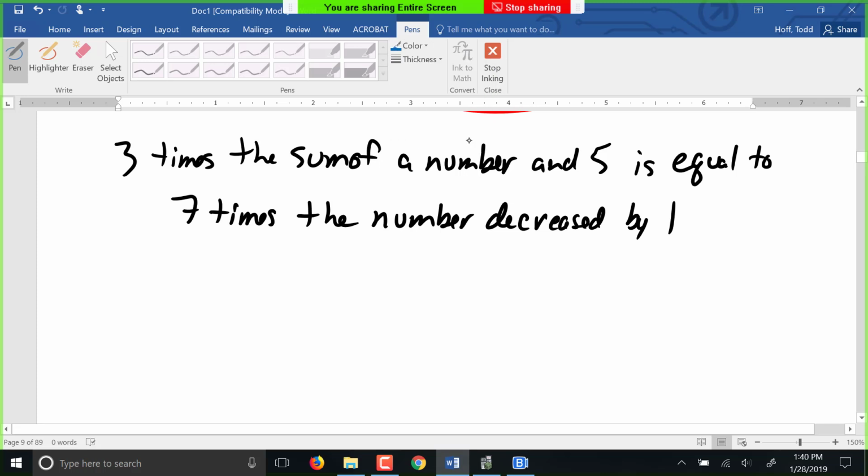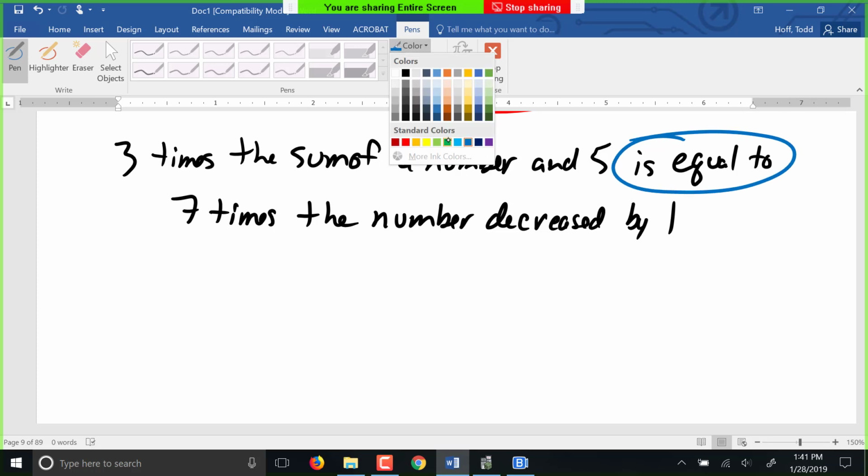I always find these are easiest if I can find where in the wording, where in that verbiage the equal sign is. This one is relatively obvious. What 3-word phrase indicates our equal sign? Is equal to. There we go.